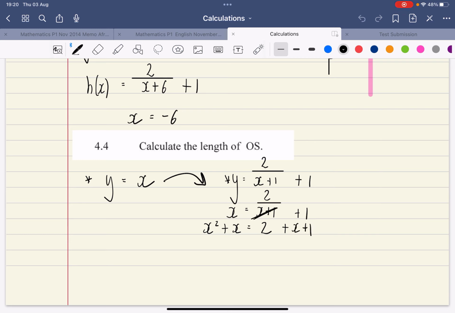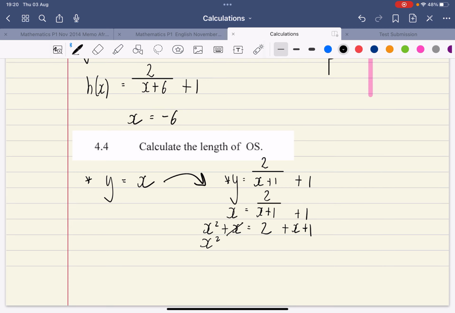Those x terms cancel. x squared minus 2 minus 1, minus 3 equals 0. Solve for x: x squared equals 3, so x equals plus or minus root 3, because remember, anything to the power of 2 is always positive, so x could have been plus or minus.